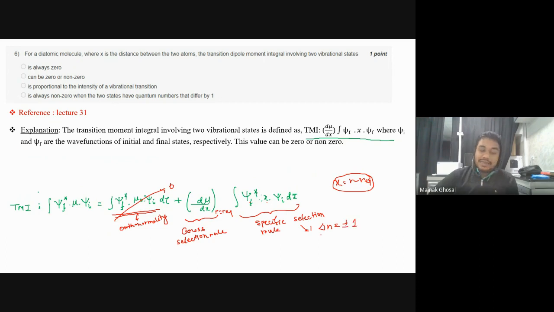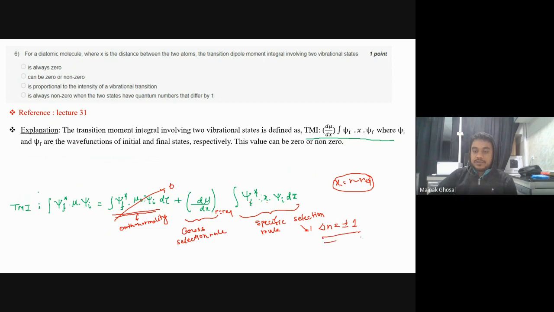This is the selection rule for a vibrational transition. From this rule, you can say that if two states differ by 1, then it is always non-zero if this is satisfied.